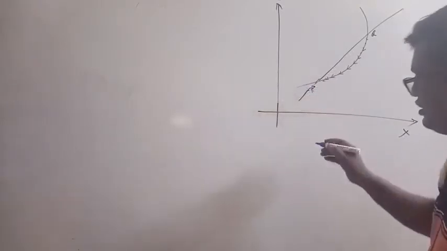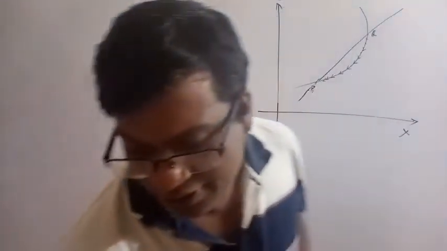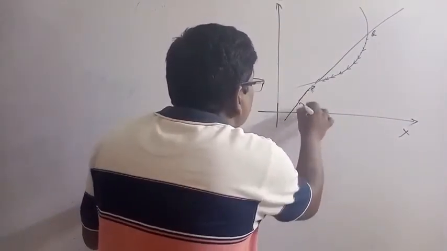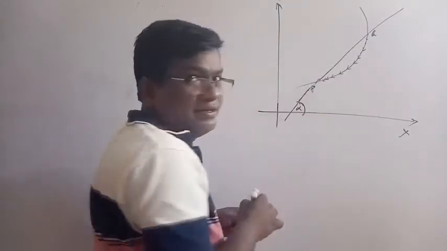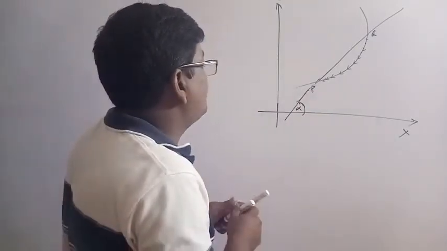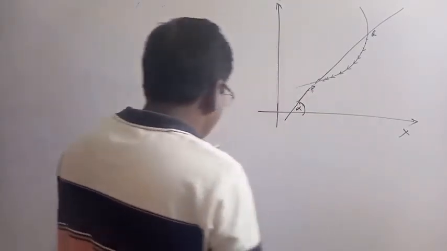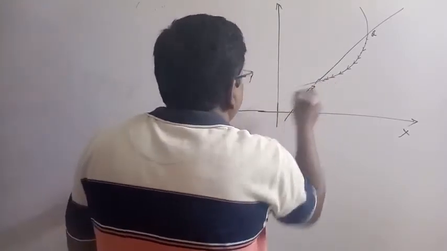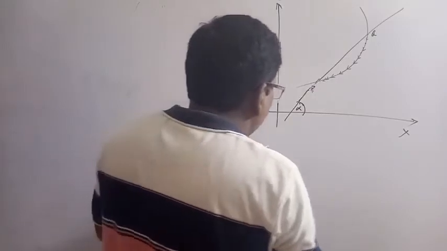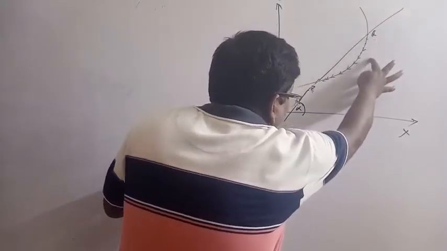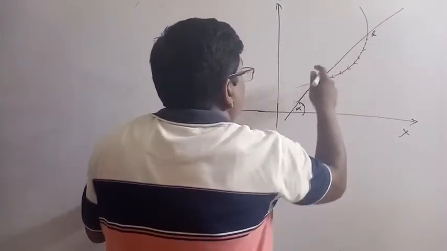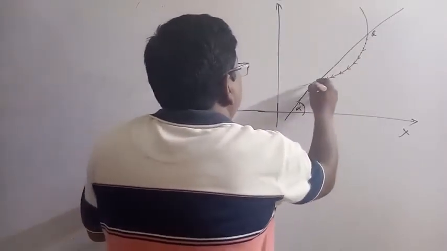Suppose this is angle theta here, and suppose this angle is alpha. The point Q approaches P. Thus PQ is the secant line.